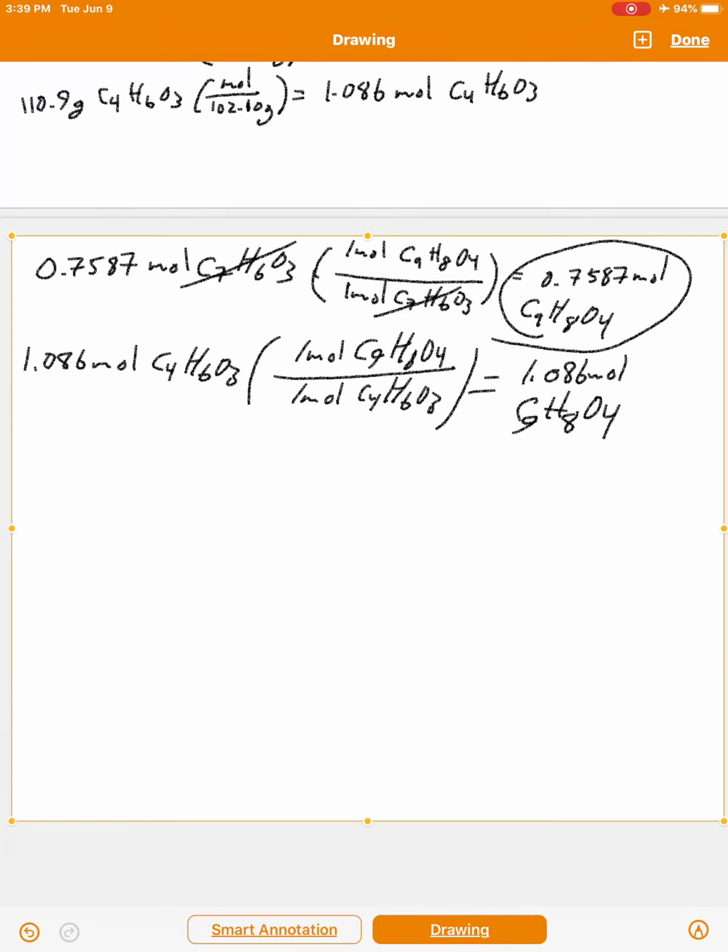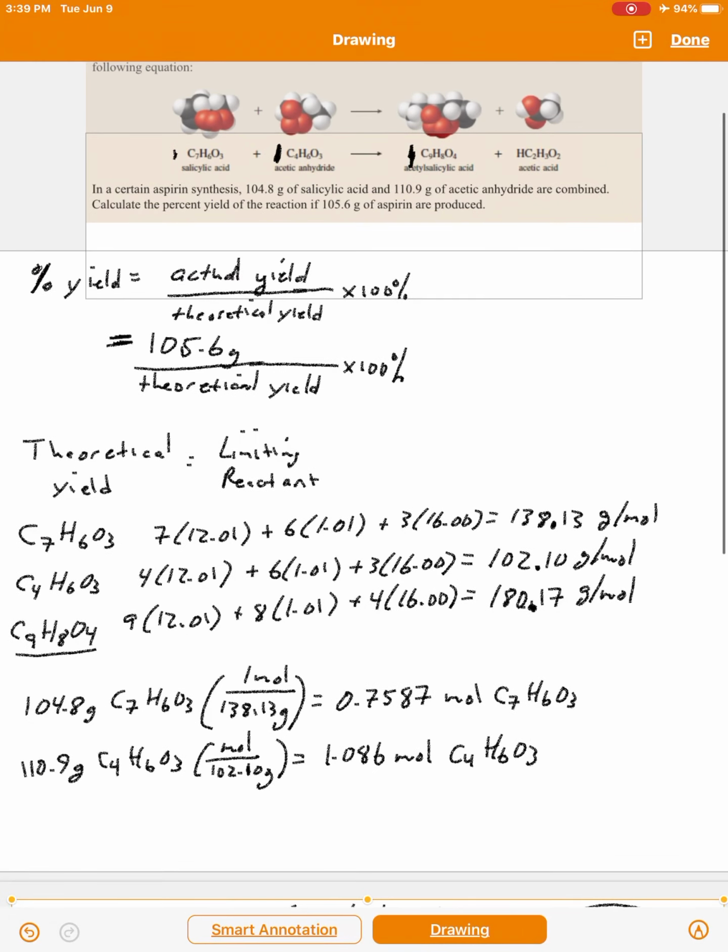So that means we've got 0.7587 moles of aspirin, or acetyl salicylic acid, if you want to call it by its more technical name. Okay? How much does it weigh? Well, it's 180.17 grams per mole. We already figured that out, right?